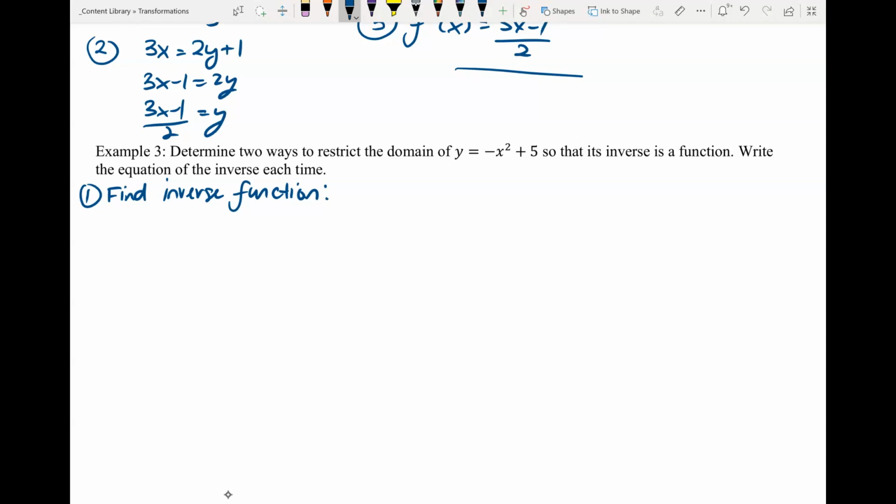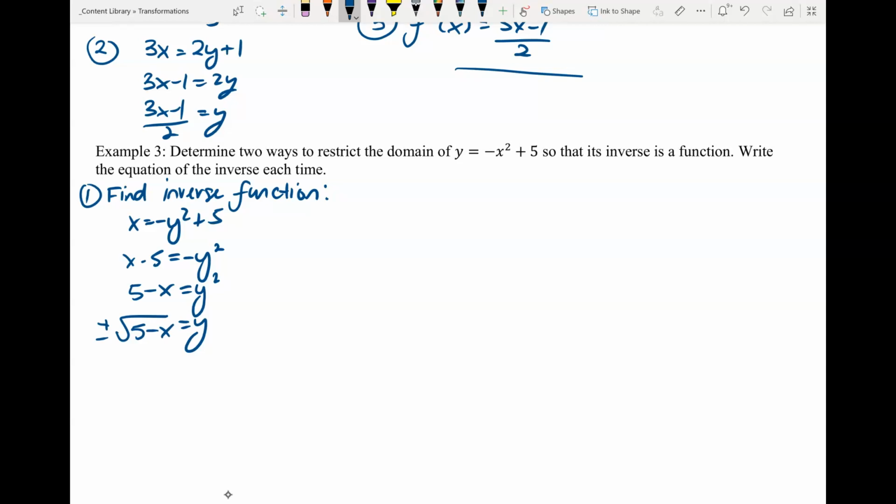So I'm just going to switch my x and y and then solve for y. Multiplying both sides by negative 1, we're going to get 5 minus x, and then I'll square root both sides. This will give us plus or minus the root of 5 minus x.